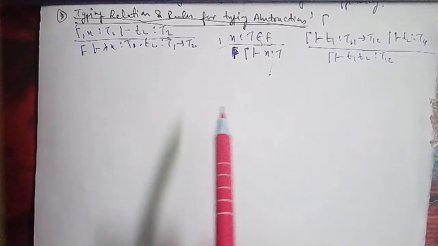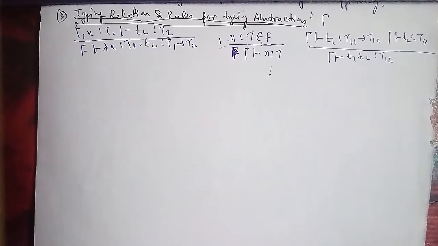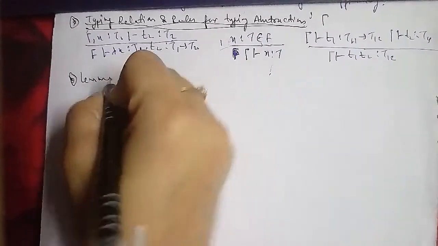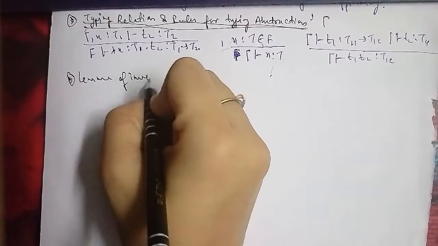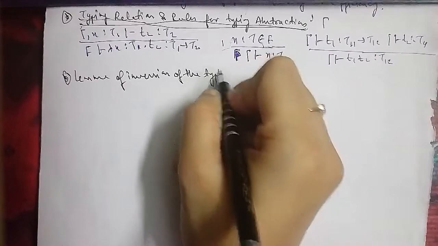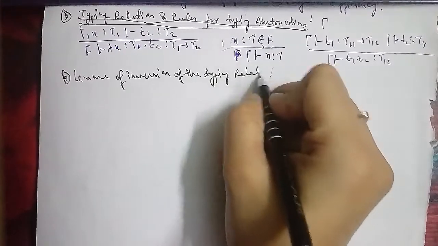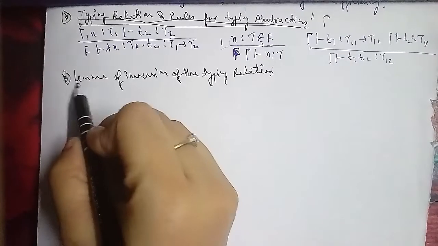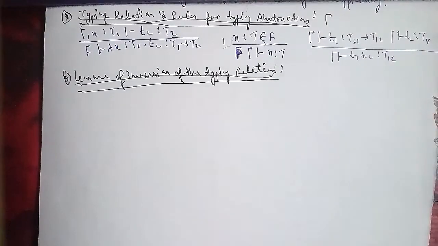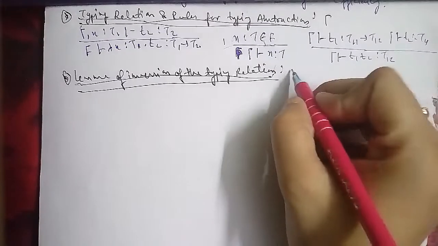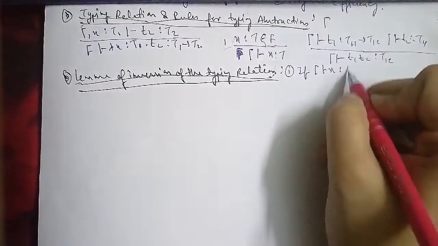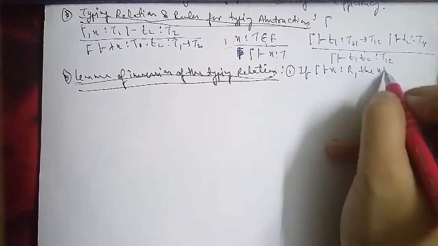So in this, the first we have: if Γ ⊢ x : R, then x belongs to DOM(Γ). The second we have: if DOM(Γ) ⊢ λx:T1.t2 : R, where R is T1 → R2, then R2 equals T2 and Γ, x:T1 ⊢ t2 : R2.